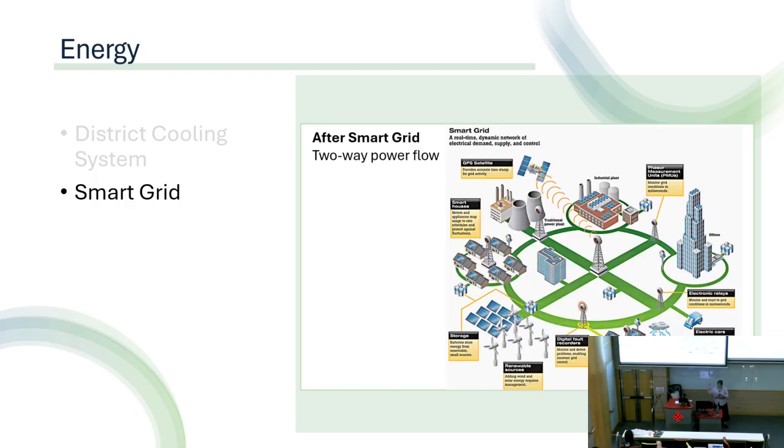So that's just a quick introduction of what the smart grid is. In Hong Kong, we trialed a similar concept of smart grid through energy monitoring by the consumers themselves.